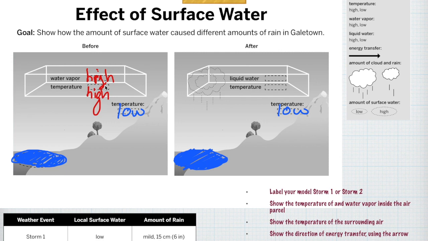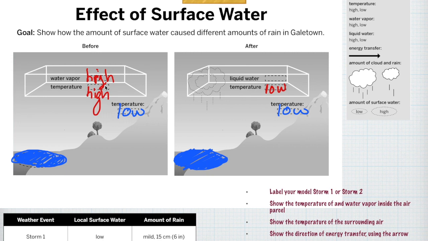So as we go to the next thing, the outside temperature was again low. So eventually what's going to happen is that the water vapor temperature, with that condensation, is going to lower out to a lower temperature because the energy from the heat inside of the air parcel will eventually leave and expand outwards. So it will come to an equal temperature, which we've seen in the diagrams.